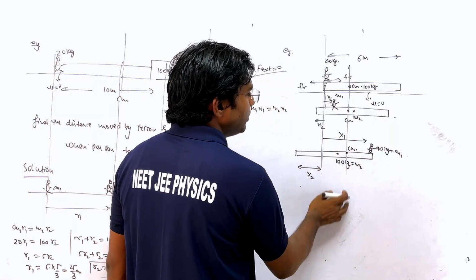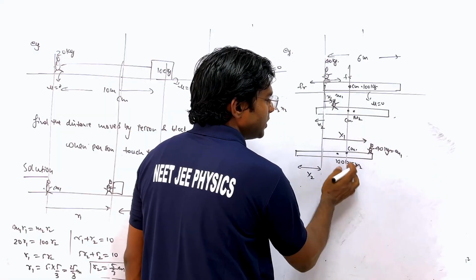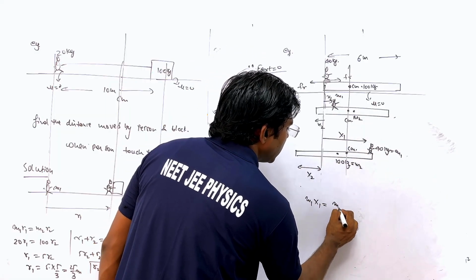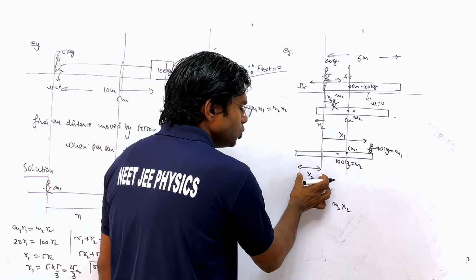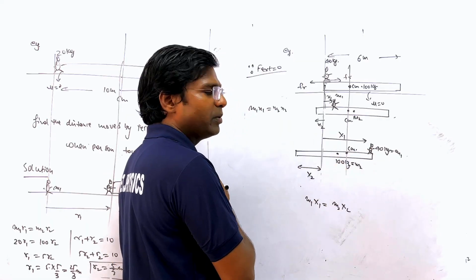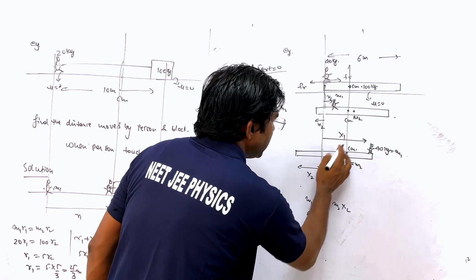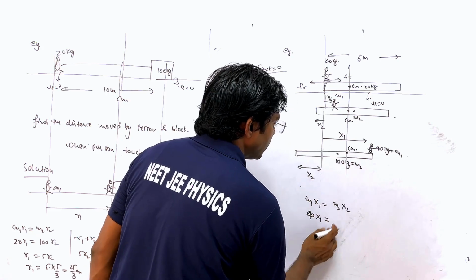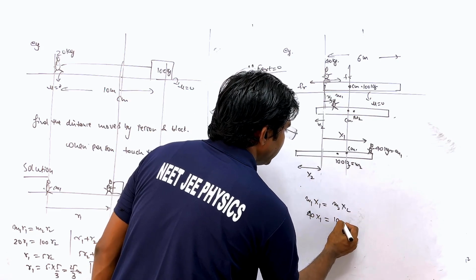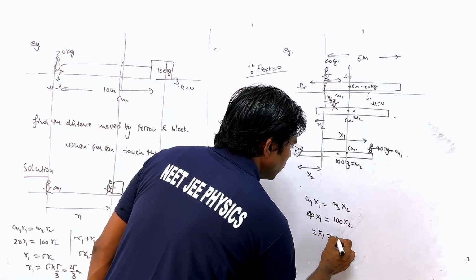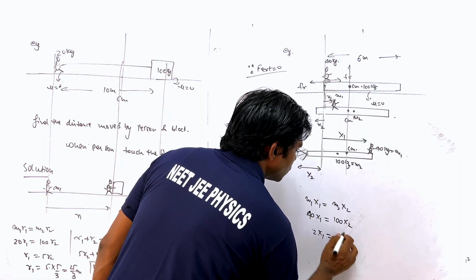So what is the relation between capital X1 and x2? m1 x1 is equal to what? m2 x2, where x2 is the complete displacement, the final displacement of the plank. So what is m1? Say 40, it is x1, equal to 100 into x2. So 2 x1 is equal to what? Say 5 x2. Is it clear or not?